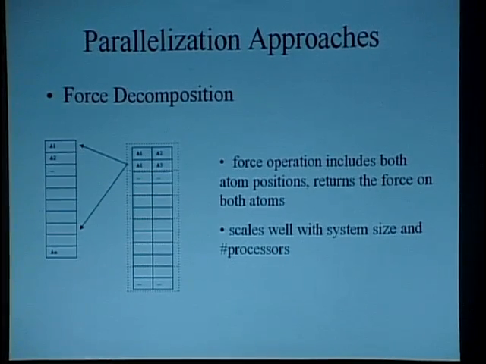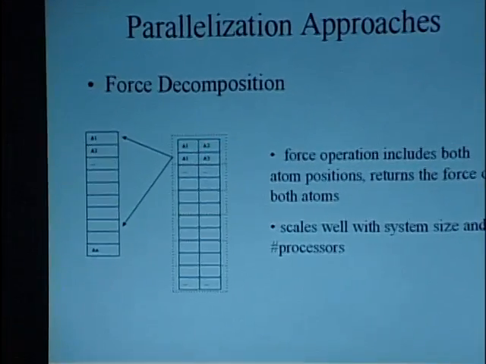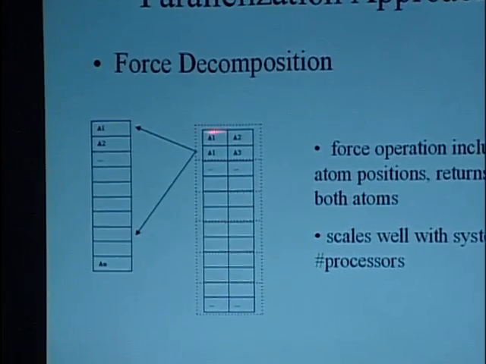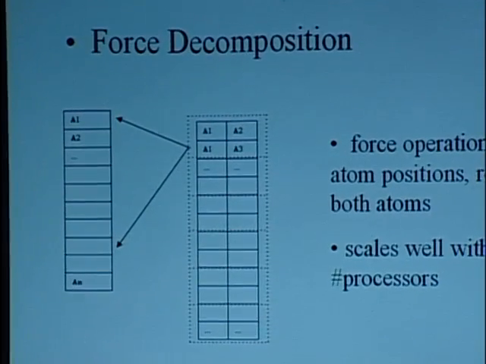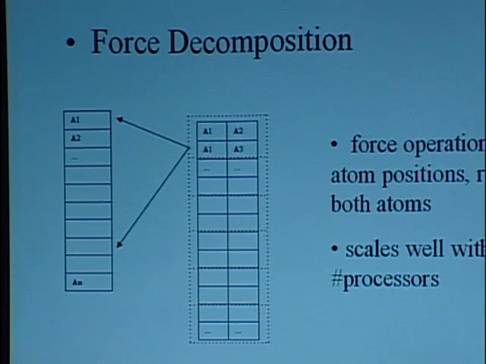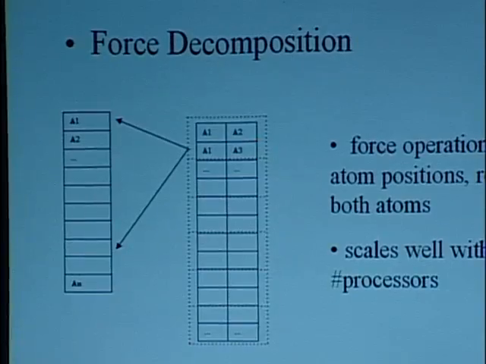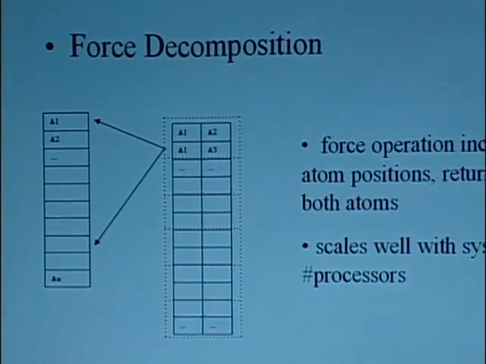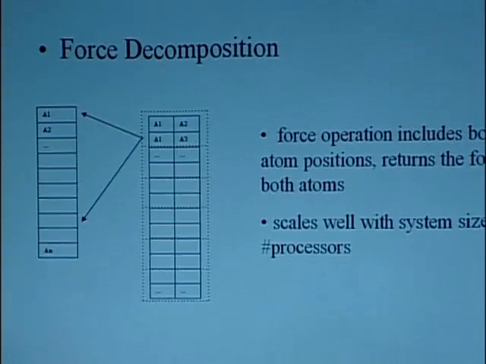So there are basically 3 different parallelization approaches that I've come across in the literature. One of them is referred to as force decomposition. If you think of a force operation being, say, a non-bonded force operation, where you consider 2 atoms and compute the force due to van der Waals and electrostatic forces, one easy way to split this up amongst, say, 6 processors is to give each processor n divided by 6 of these force operations.